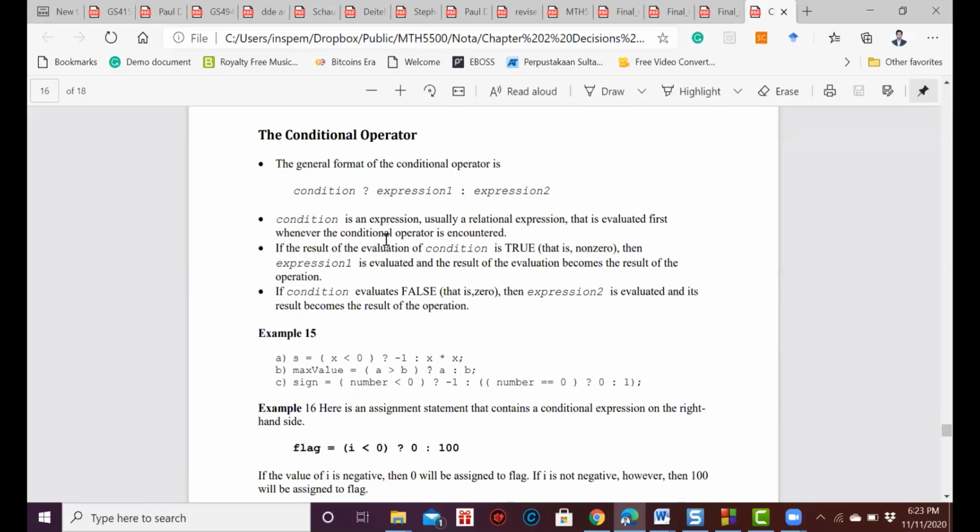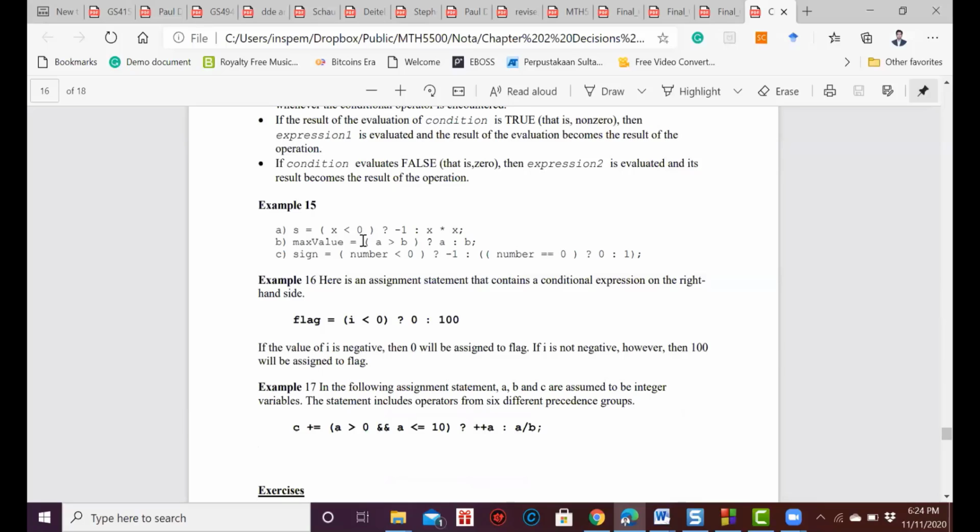If the condition is true, expression 1 will be executed. If the condition is false, go to expression 2. Very simple, straightforward. For example, the condition is x greater than 2. If correct, the value is expression 1. If x is not greater than 2, then expression 2.